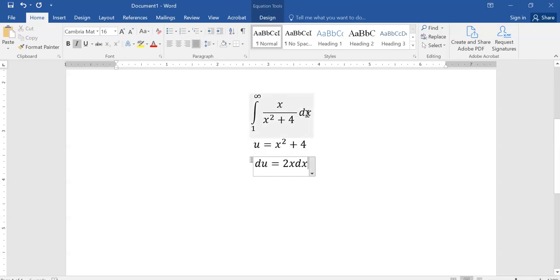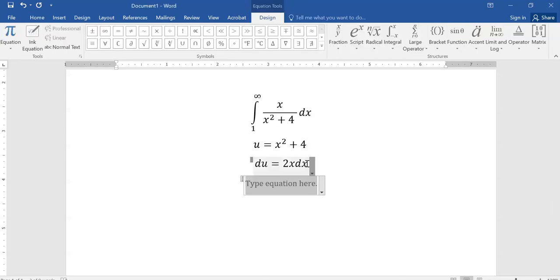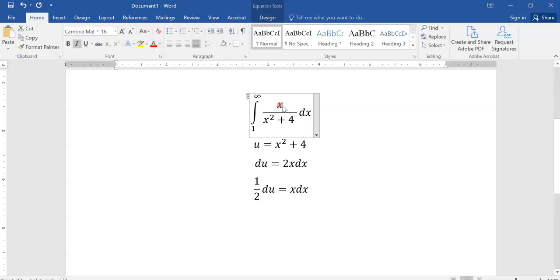Now we have an x times dx, we don't have a 2, so we can divide both sides by 2. We end up with 1/2 times du is equal to x times dx. So we can replace x dx with a 1/2 du, and obviously x squared plus 4, we can replace with this letter u here.